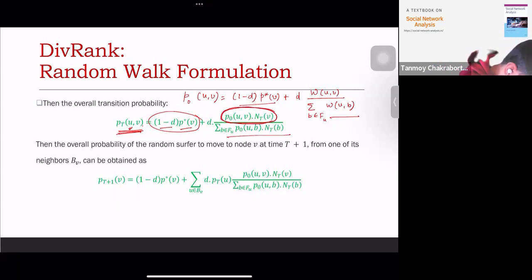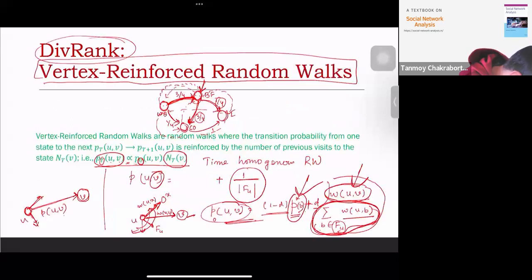You can write it as P(T+1)(u,v), which is proportional to, not exactly true, but proportional to, as I mentioned earlier, the term involving P(T)(u,v).